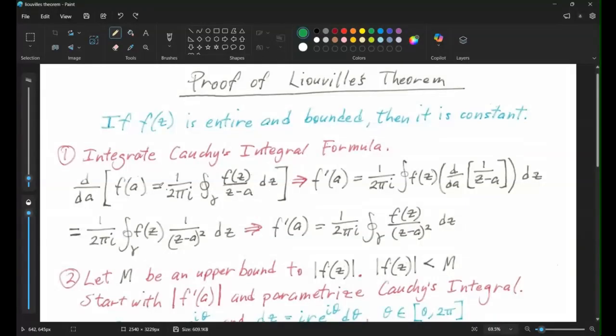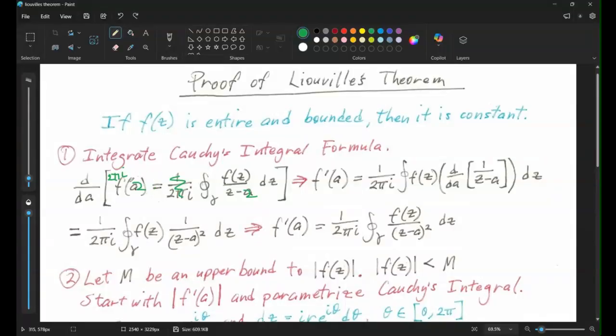I'm going to write the 2 pi i over here just for a second instead of here. Basically, if you have an integral that has a singularity, say at 2, then you can plug that in and figure it out over here.